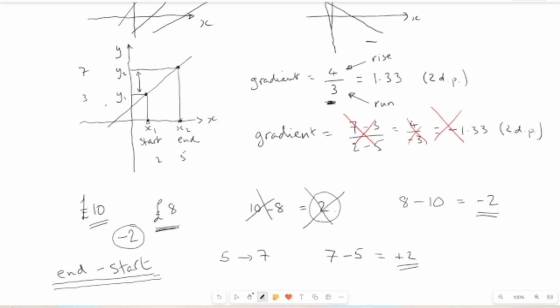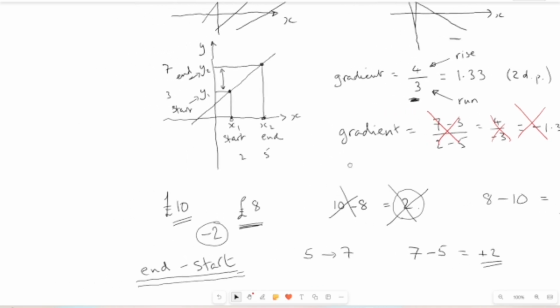So this one here is the start, and this one here is the end. And when you've got it written like this, it's very easy to make sure you never get this wrong. We just make sure that the x2, which is our end, is the one that's most to the right, always. x1, which is our start, is the point that's most to the left, always.